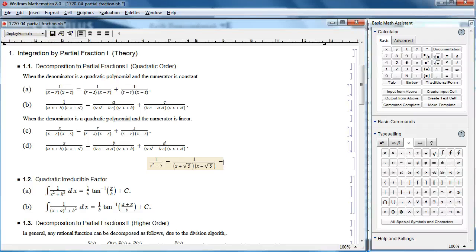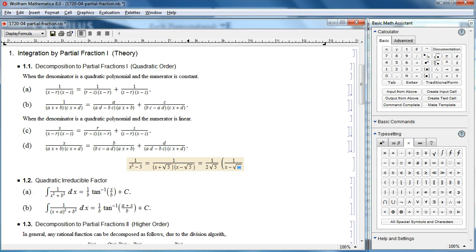It's gonna be what? 1 over 2 square root of 5 and 1 over x minus square root of 5 minus 1 over x plus square root of 5. I think that's the answer. Let's see. I think that's it.